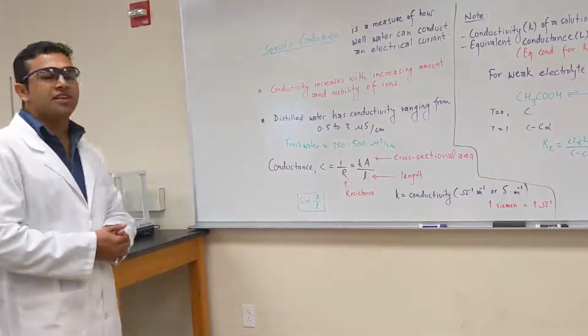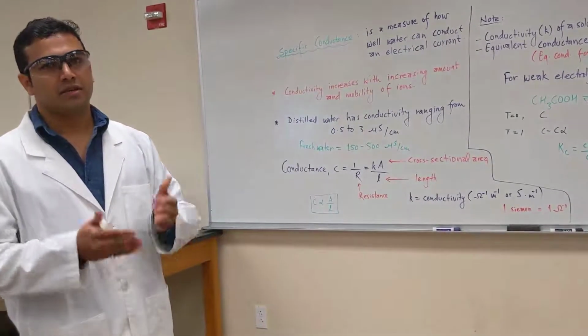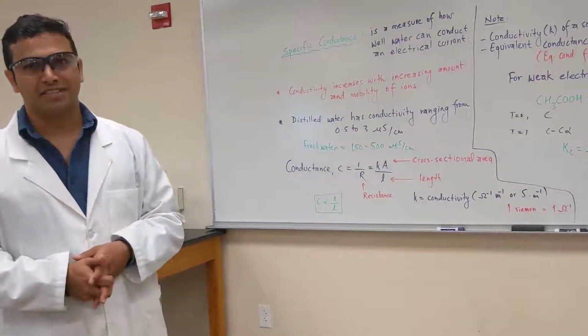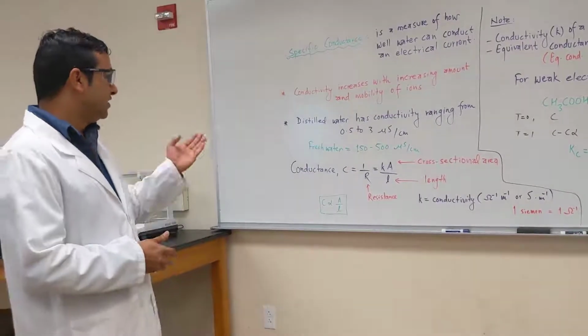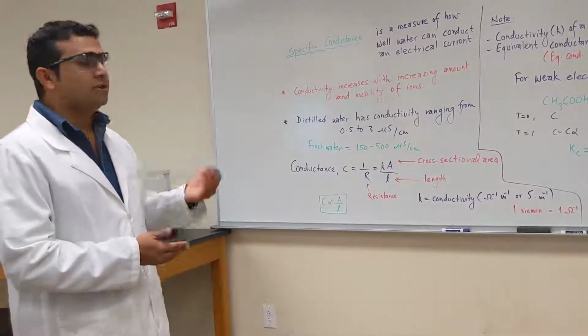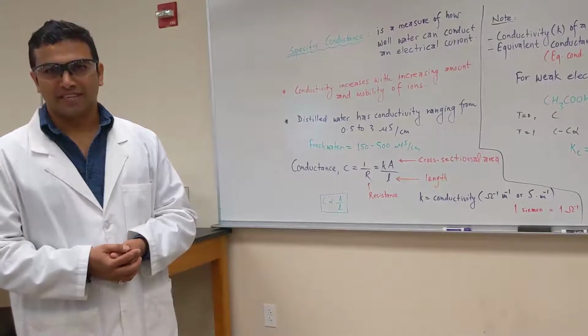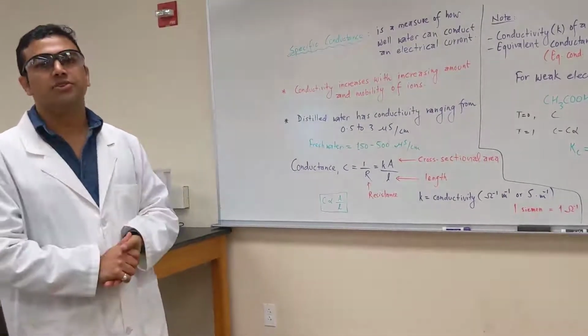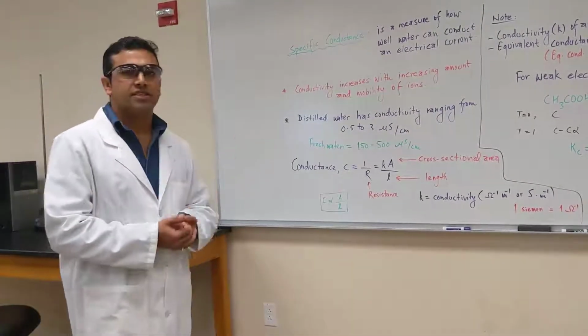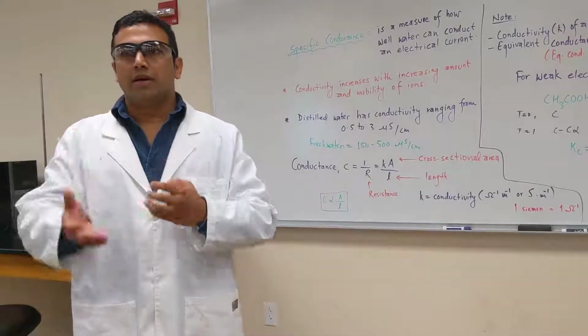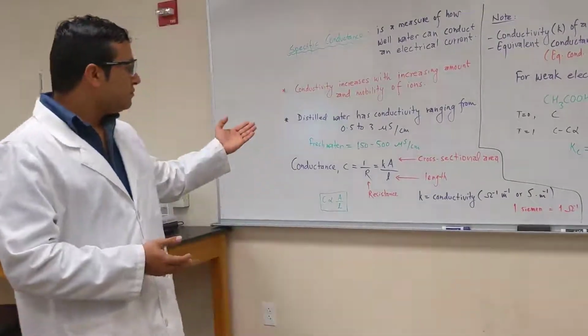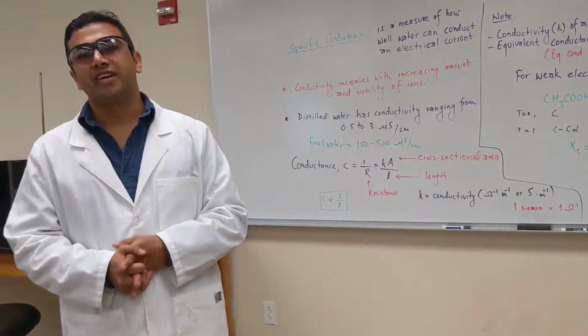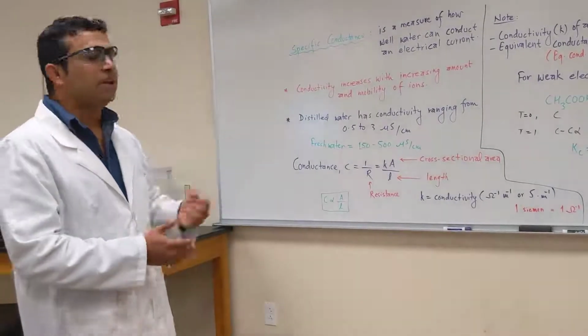After this, now let's go towards the conductance. As you have learned from your lecture classes, conductance is equal to the inverse of resistance, and the conductance usually increases with the cross-sectional area, and it is inversely related to the length of the wire.